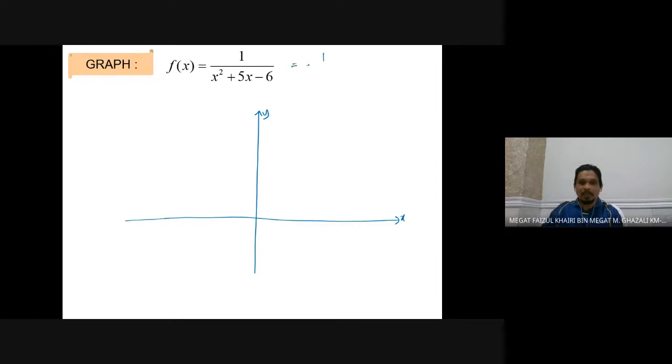So 1 over (x minus 1)(x plus 6), the denominator here: this is x equal to negative 6, and here is where x equal to 1.